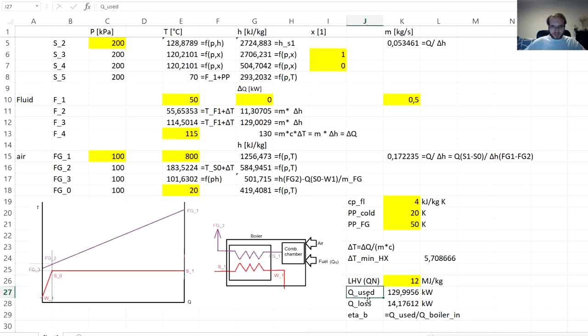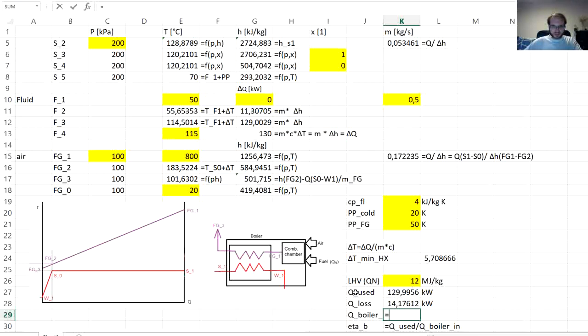So we have Q used, we have Q lost. Now let's get the inlet of the boiler. Let's say BS, boiler in. The heat that goes into the boiler needs to be the heat that goes out. And what goes out?